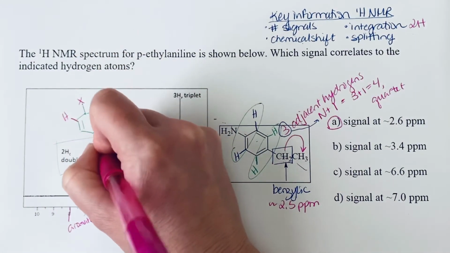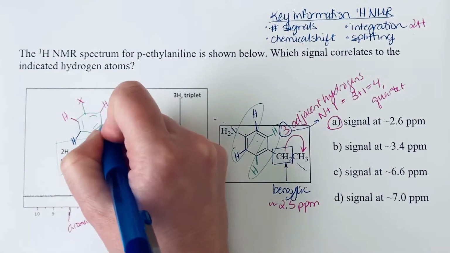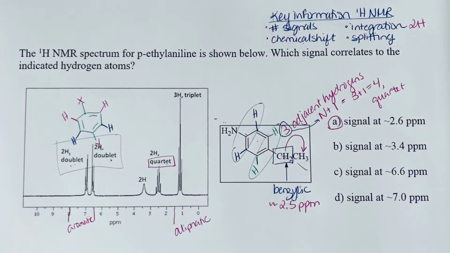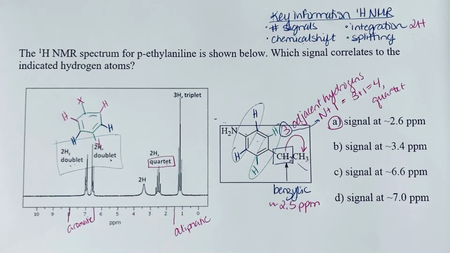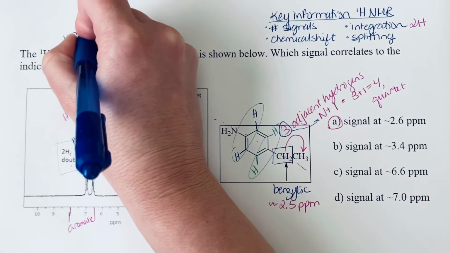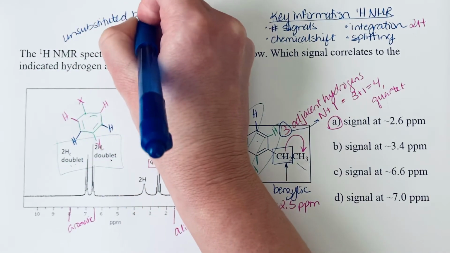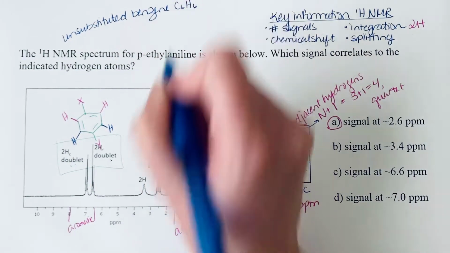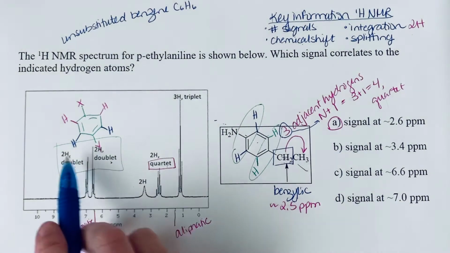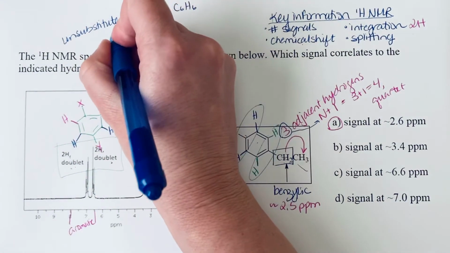So say these are different substituents, X and Y. These 2 hydrogens would be the same and these 2 hydrogens would be the same. And the total number of hydrogens matches the total number of hydrogens on the ring. Unsubstituted benzene, just benzene itself, is C6H6, so unsubstituted benzene has 6 hydrogens.